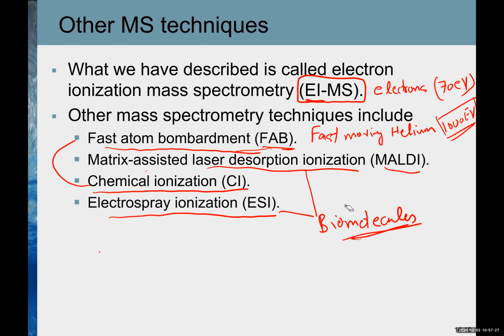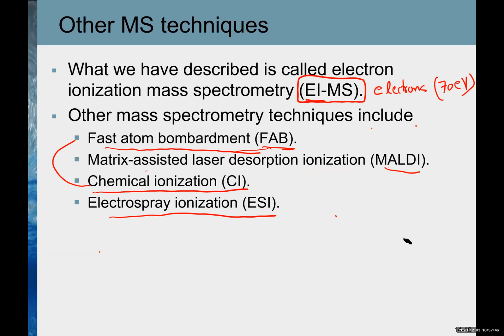The principle is the same. How the mass is measured is exactly the same. The difference is how the molecular ion is produced. Some of them are gentle, some of them are harsher, but the rest of the technique is exactly the same. So all the data you're gonna see later on came from EIMS.